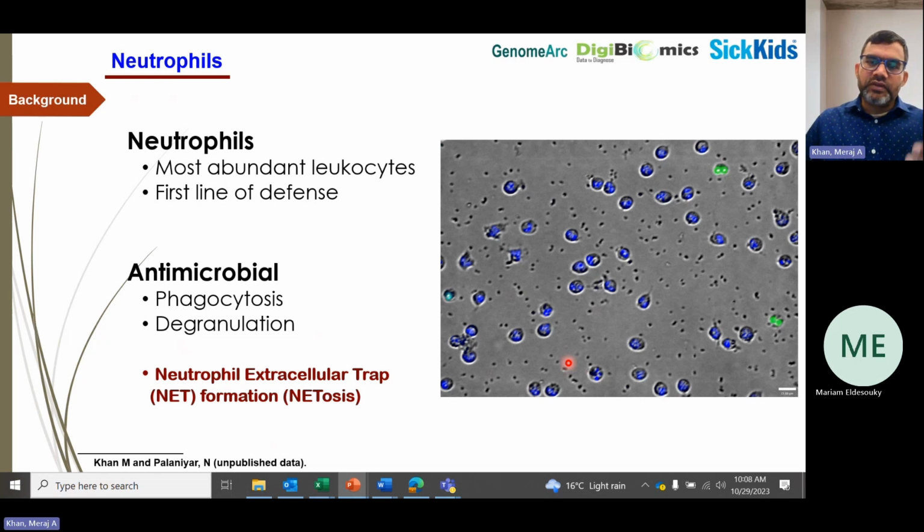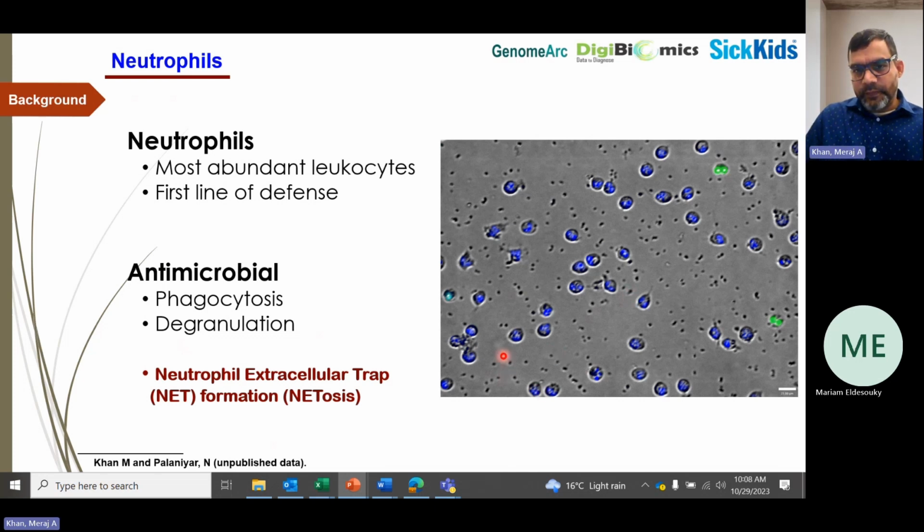DAPI is permeable to cells, so it goes directly inside the nucleus and stains it. The other dye, in green, is Sytox Green, which also stains the nucleus, the chromatin, but it is not permeable to intact cells. So we can only see the green when the neutrophil cell membrane is compromised.